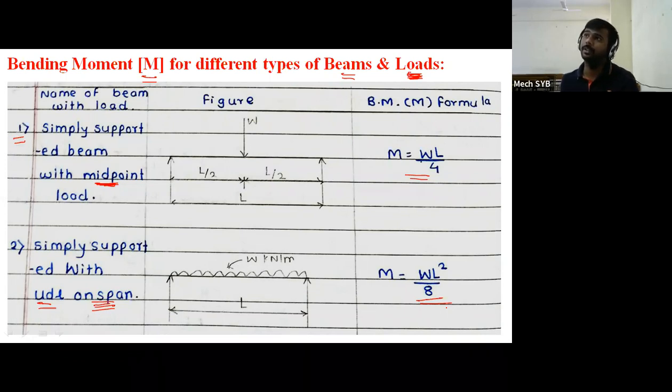Simply supported beam with mid point load. Draw the figure and write down the formula also. Simply supported beam with UDL on entire span. Draw the figure and the formula. M is equal to WL square divided by 8.